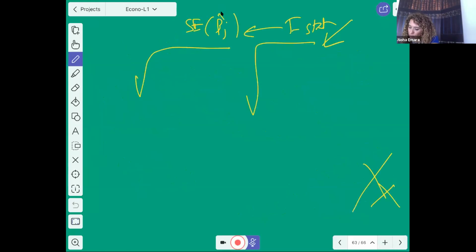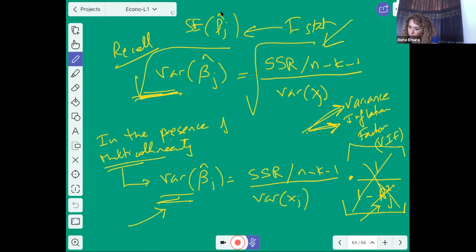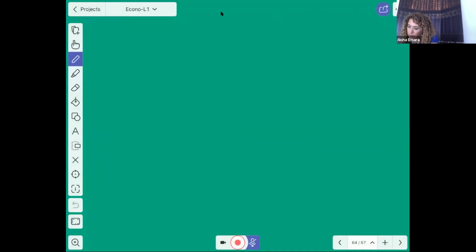So let me give you an example. Suppose that the R square of x1 on x2 is equal to 0.5. What is the variance inflation factor?